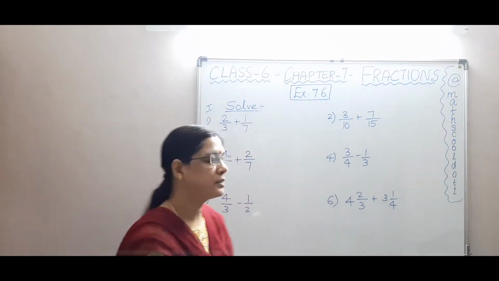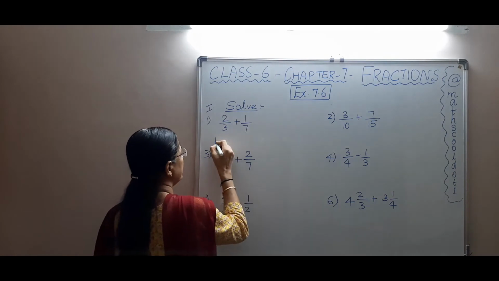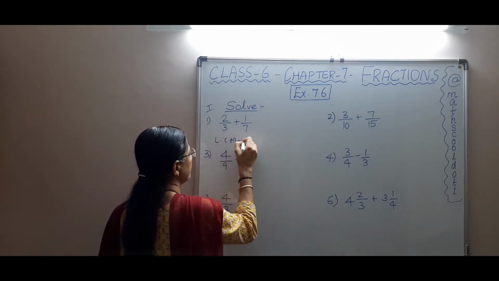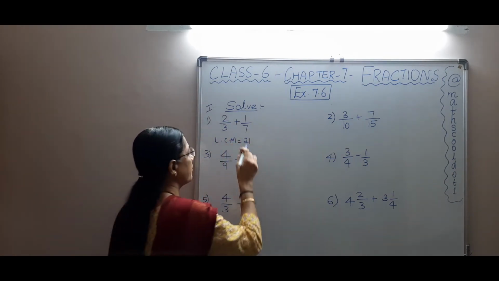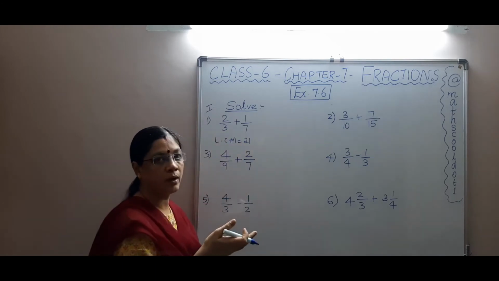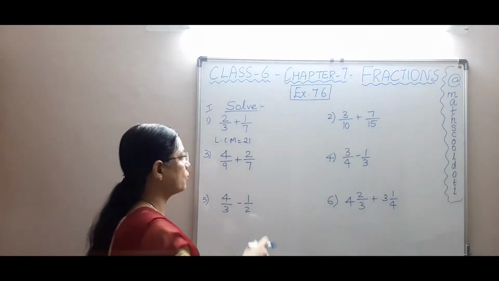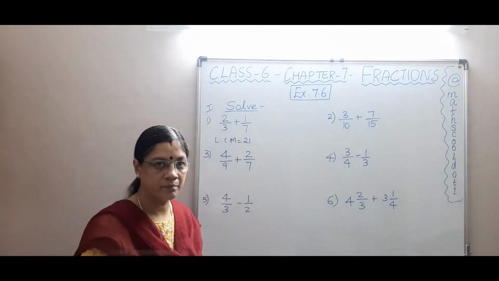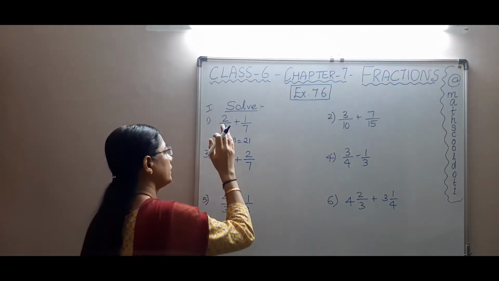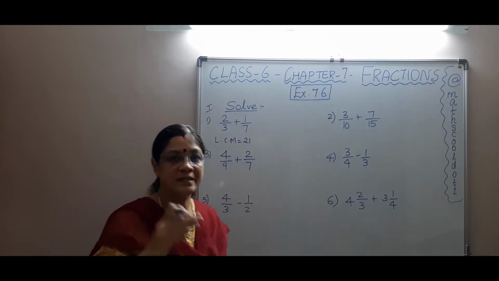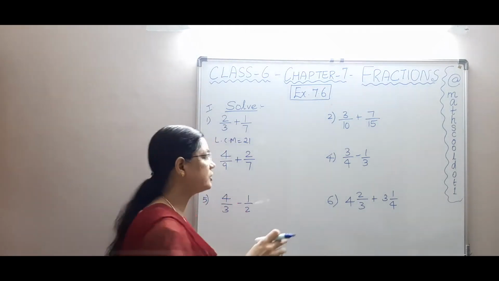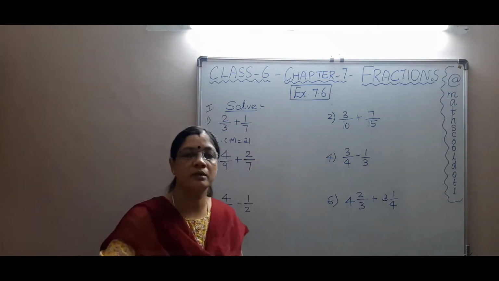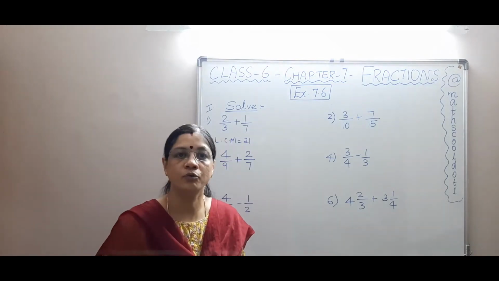For 3 and 7, the LCM is 21, I said, isn't it? So for making 3 into 21, I should multiply it by 7. When I multiply the denominator by 7, the numerator has to be multiplied by 7 too, because you should retain the fraction. Whatever change you make to the denominator, make the same change to the numerator too.